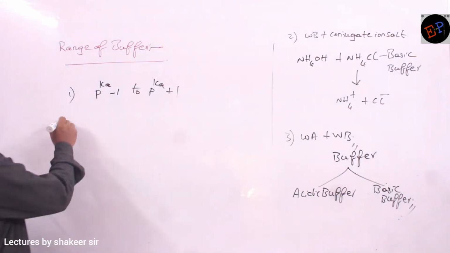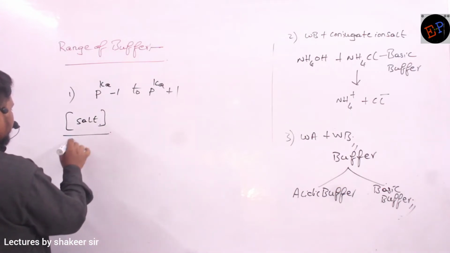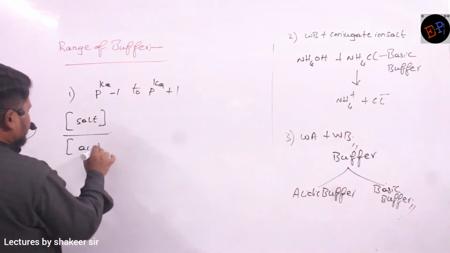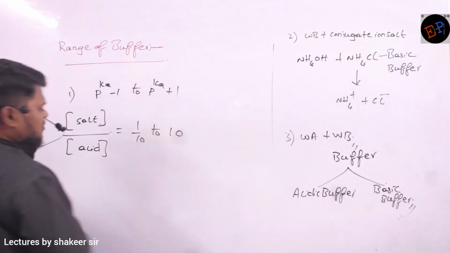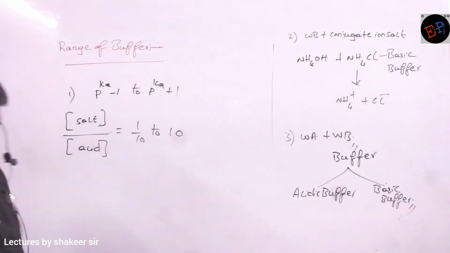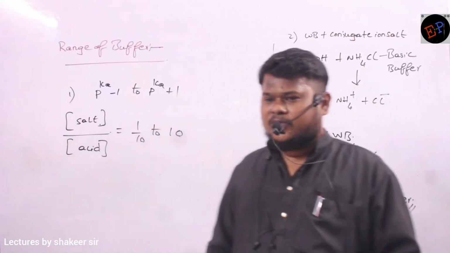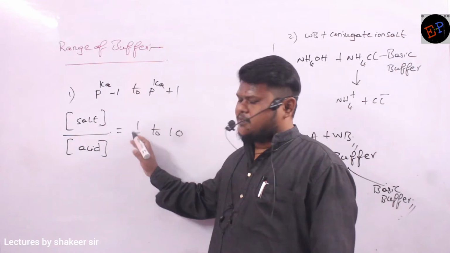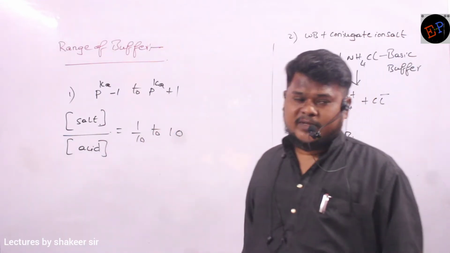Or you can take the concentration of salt divided by the concentration of acid. The range of this should be 1 by 10 to 10. Until this range also, this buffer remains a buffer. Are you able to understand? If it is less than 1 by 10, it doesn't behave like a buffer. Similarly, if it is greater than 10, it doesn't behave like a buffer.